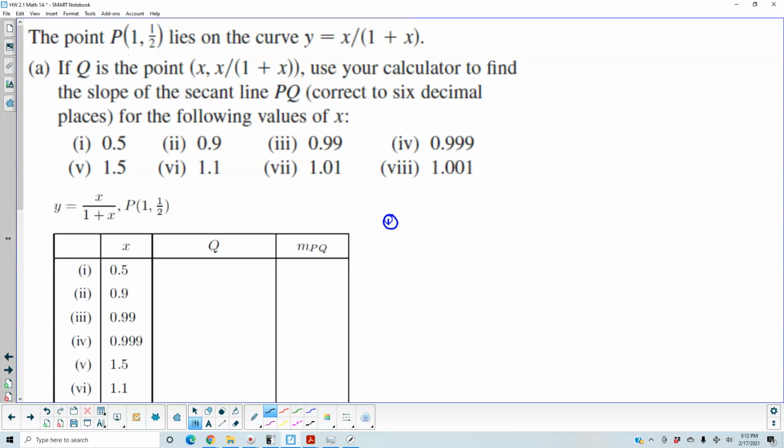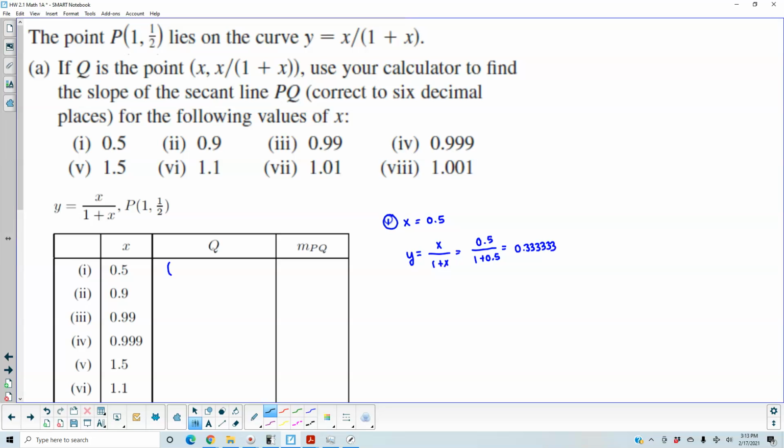Okay, so we know that our ordered pair for the first one has x equal to 0.5. Now we want to find the y-coordinate by plugging 0.5 into this function, x divided by 1 plus x, which means we get 0.5 divided by 1 plus 0.5, which gives us 0.333333.